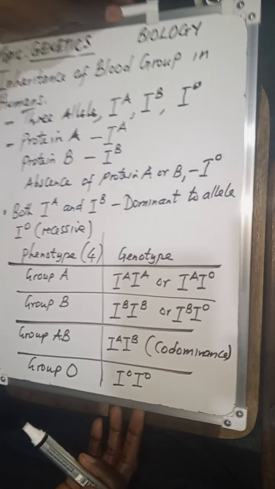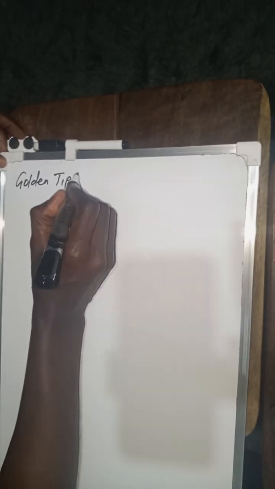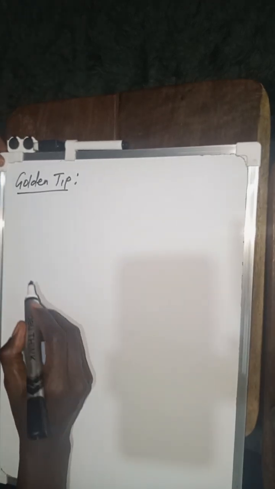Now, before we look at standard examination questions, I want to give you just a few golden tips that you need to remember that will help you during the exam.